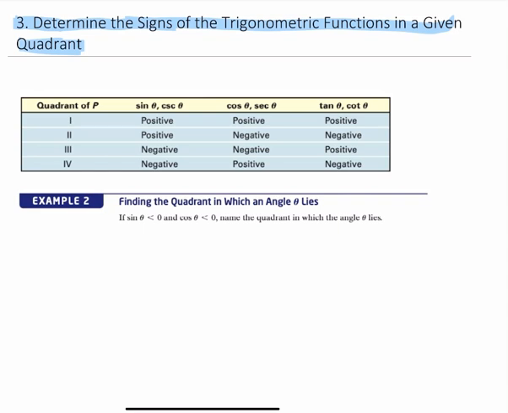So they give us a table and what the related trig values will be in terms of their sign for each of the quadrants. For me, it's helpful just to imagine this as if I'm plotting points in the 4 quadrants.